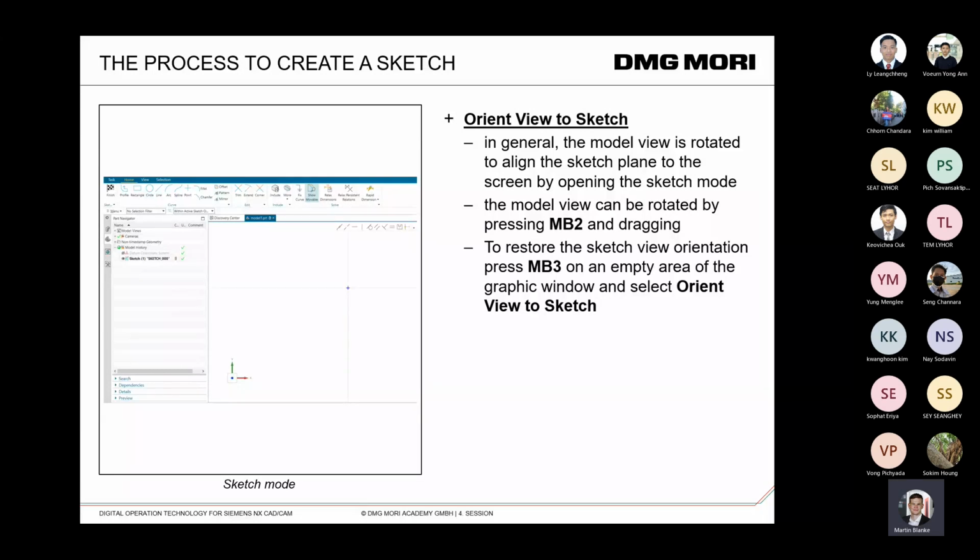So it's more or less a two-dimensional view on your section where you want to create your contour or something like this. Of course, you can rotate this view, but in my point of view, it's not really necessary because you want to create a two-dimensional component. So there is not really a reason to change the view to a three-dimensional view. All right.